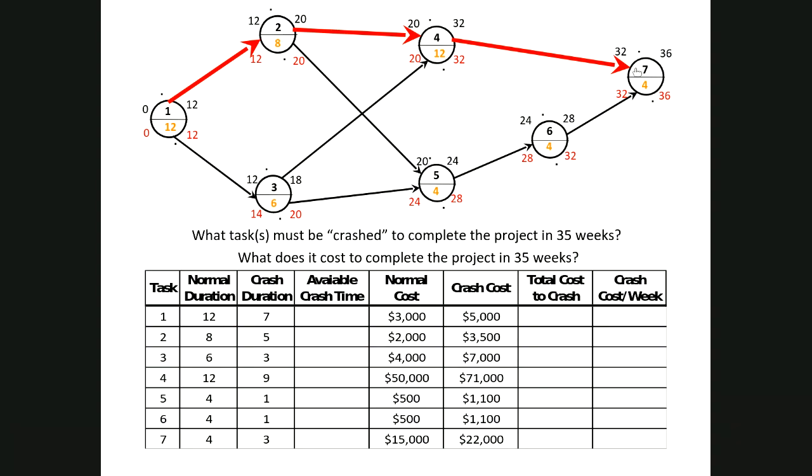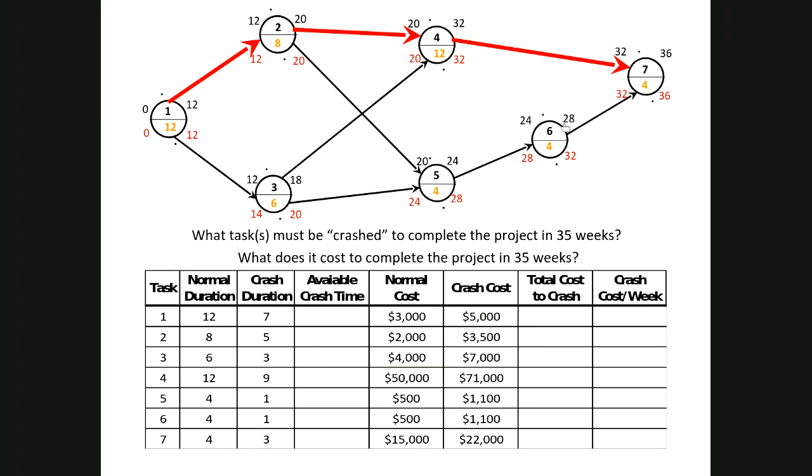And so if we reduce the length of task 6, task 5, or task 3, it's not going to help, because it's still going to take 36 weeks to complete tasks 1, 2, 4, and 7. So one of those 4 tasks has to be reduced.